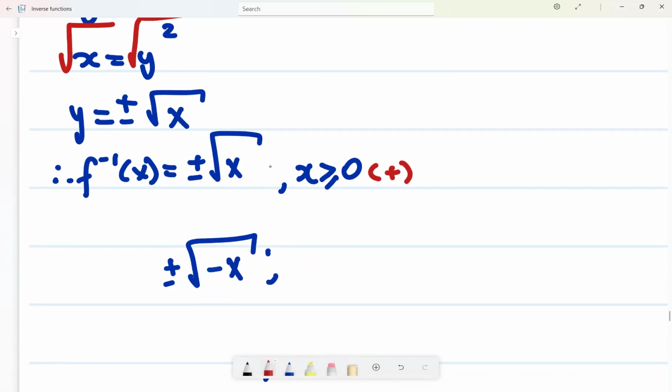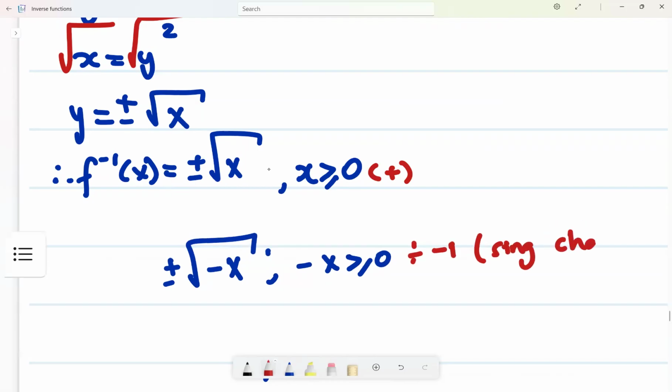So what can I do to make it positive? Just say negative x needs to be greater or equal to 0. Whatever is inside the square root should be greater or equal to 0. But remember, I'm trying to solve for x. Therefore, when I solve for x, when I divide by negative 1, the sign changes.